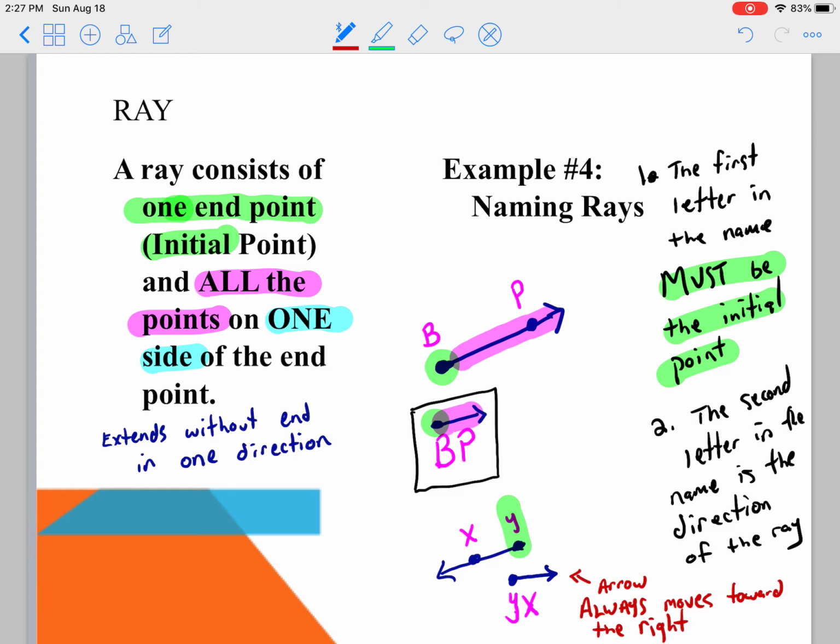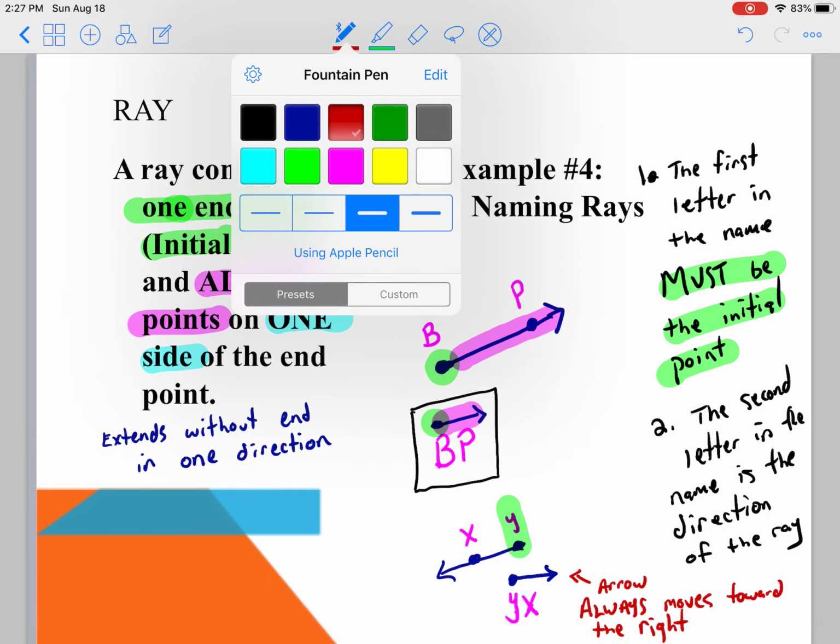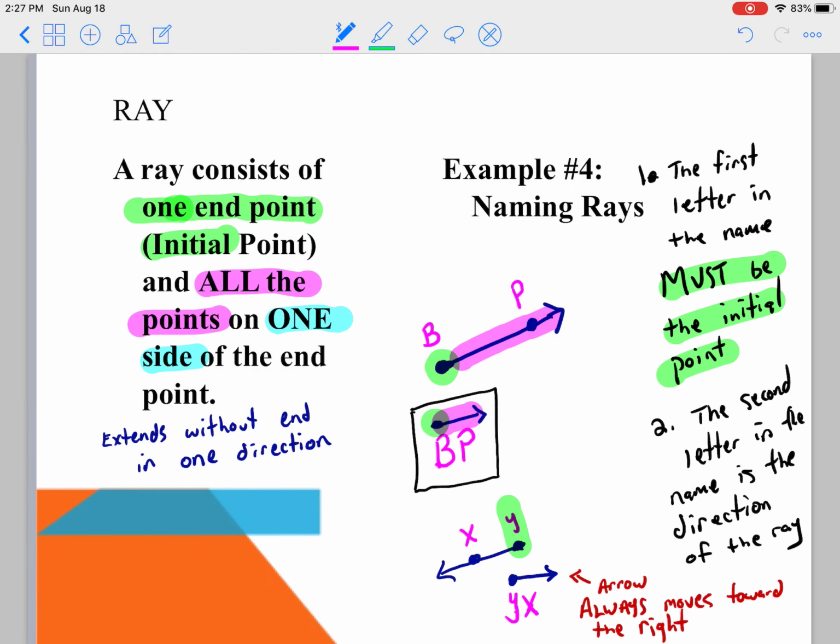The reason being is that, first of all, it's standard geometry notation, and it keeps everything very easy to recognize when we are given a name. For example, if I'm given a name, let's call it WZ, Ray WZ.